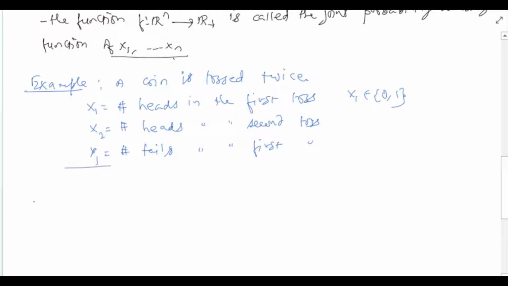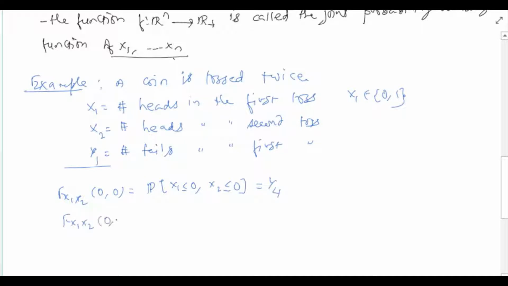In this case we can consider pairs of random variables X1 X2, X1 Y1, X2 Y1 etc., and we can talk of their joint distributions. For instance, if we consider X1 and X2, the joint distribution F of X1 X2 can be obtained as follows. F(0,0) will be the probability that X1 is less than or equal to 0 and X2 is also less than or equal to 0. That is, there is no head in the first toss and no head in the second toss either, and clearly this is 1/4.